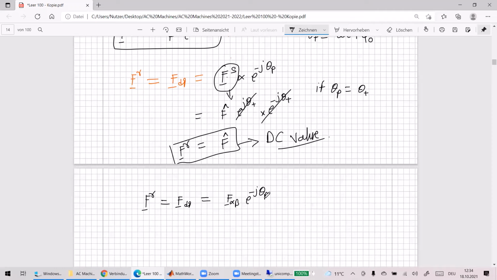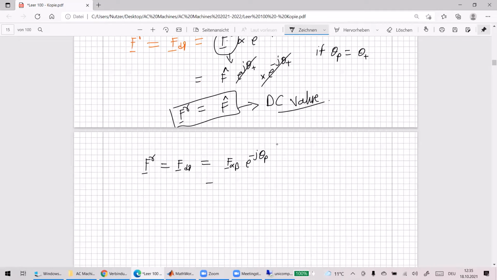We have this alpha beta value and we multiply with e power minus j theta. And why we multiply with this, I think you know now. So let's solve this. We have this F alpha plus jF beta, and this we can write like cos theta p plus minus, now we have a minus, so minus sine theta p. Is it okay?